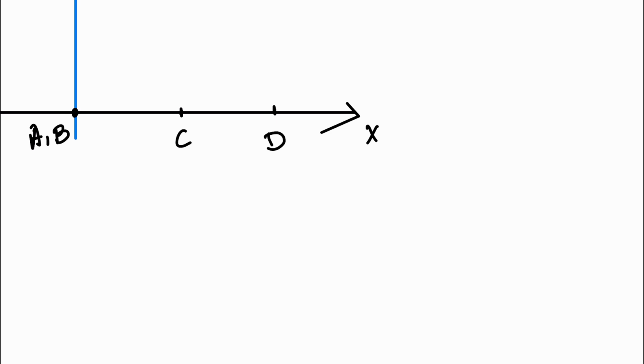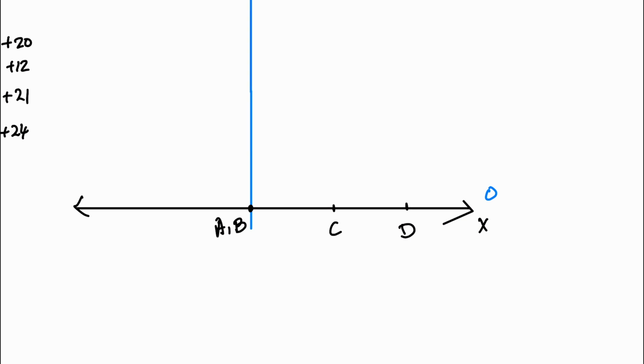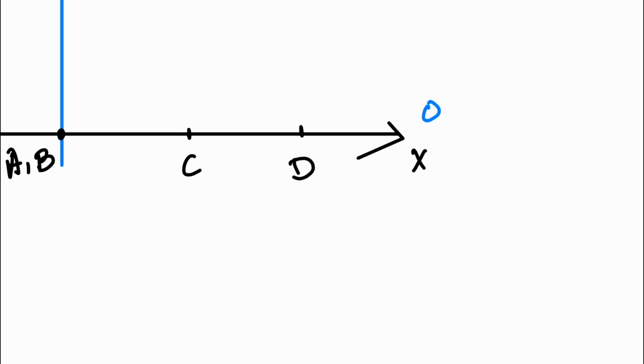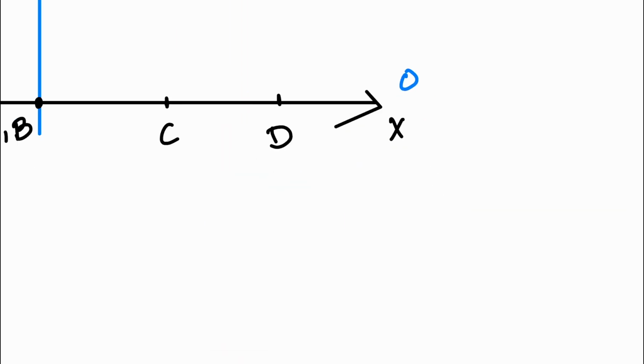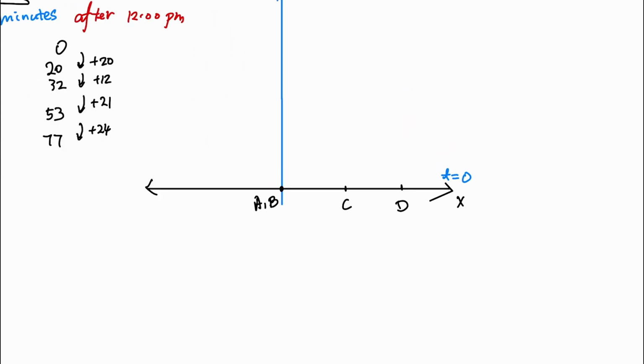We're only interested in numbers. We can put 0 minutes after 12 p.m. So over here, that is 0. T of 0. So at this axis, t is equal to 0. Well, that is similar to y equal to 0, but we're going to use time as one of our axes. So that is t equal to 0.